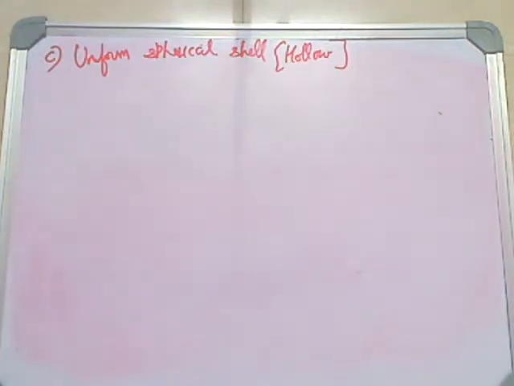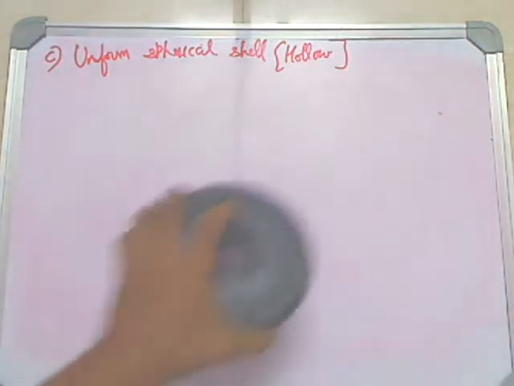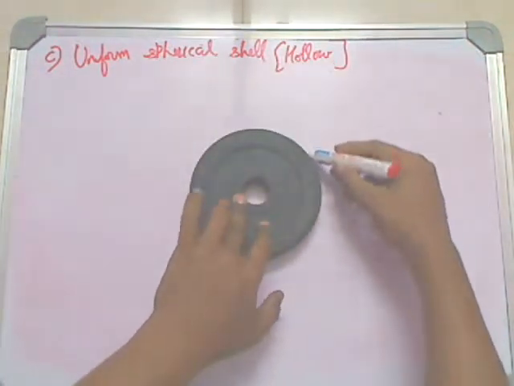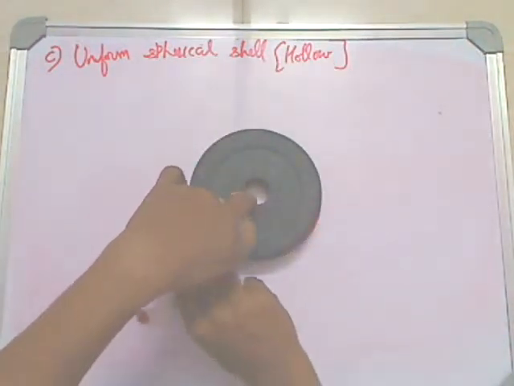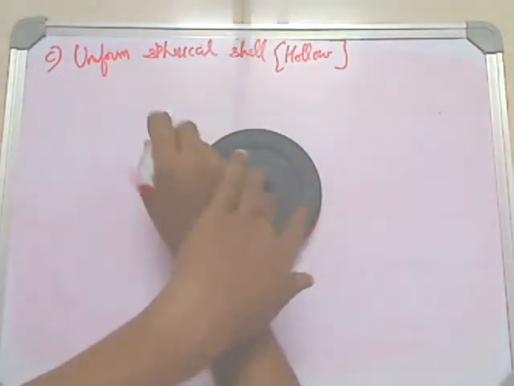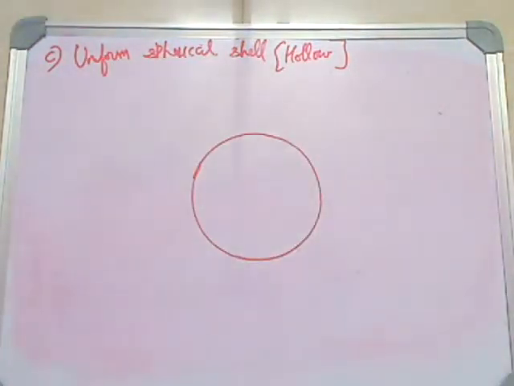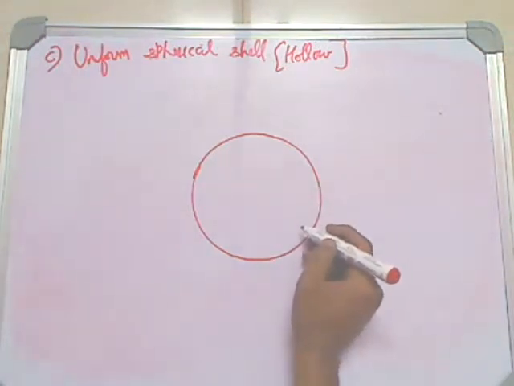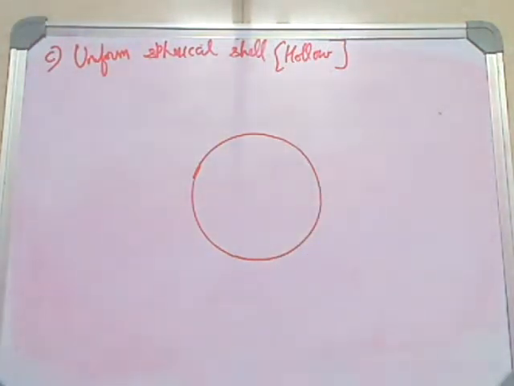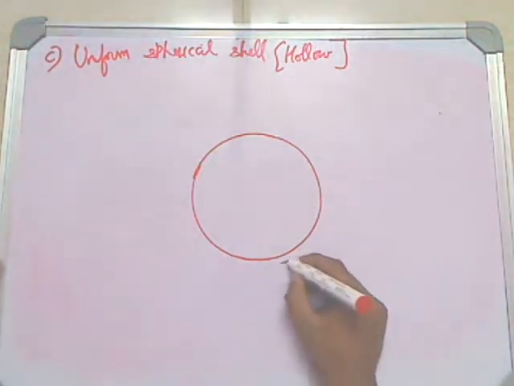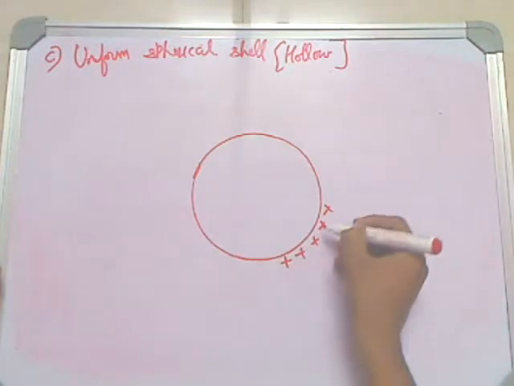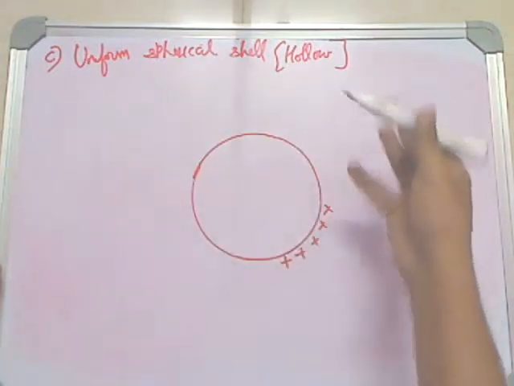Let me just pull up a weight here. Not bad. And now what this actually says is you have charges which are there all over this surface. Okay, I'll just do it till here because I have no patience to take it all the way there.